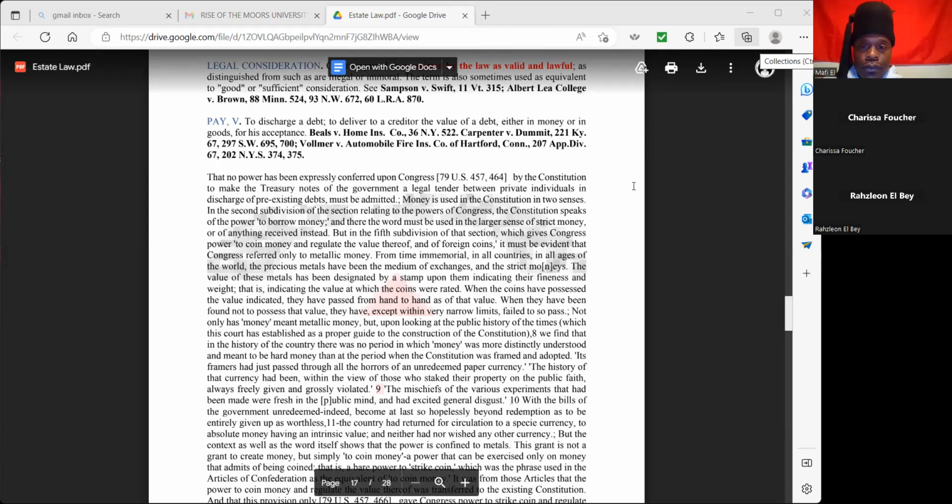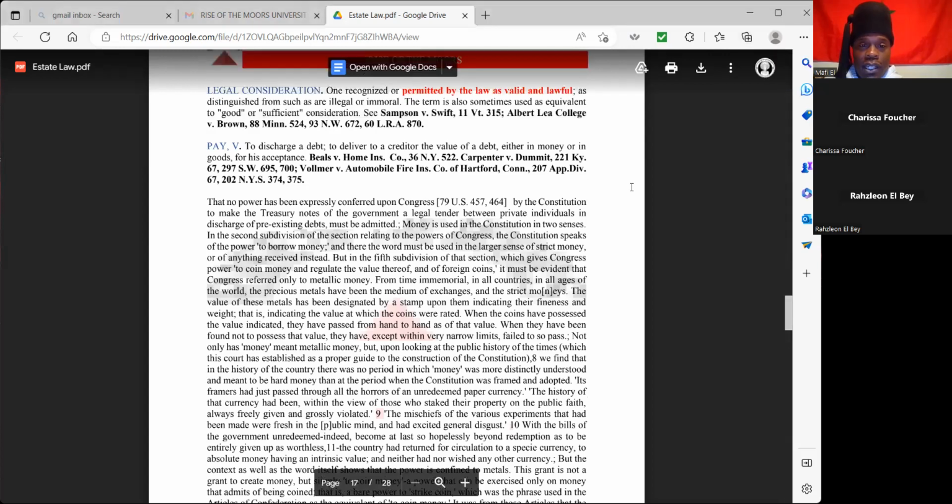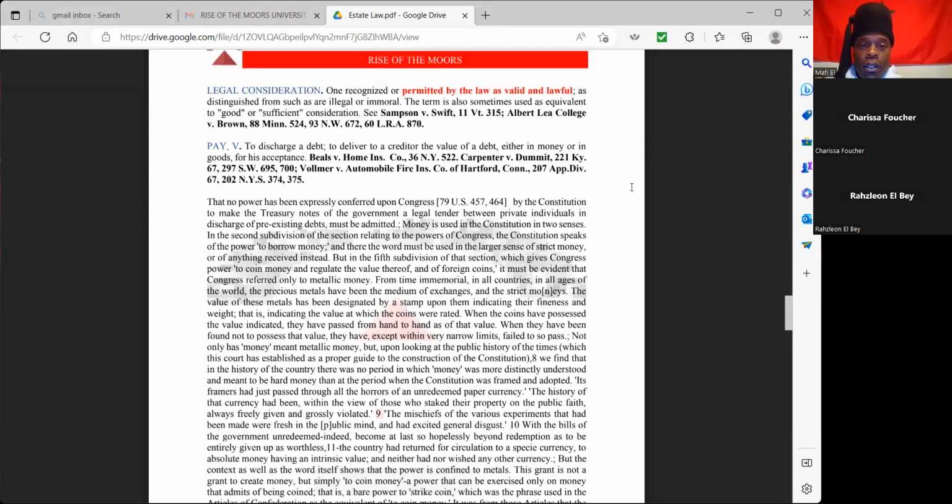All right. So we have legal consideration. One recognized or permitted by the law as valid and lawful, as distinguished from such as are illegal or immoral. The term is also sometimes used as equivalent to good or sufficient consideration.